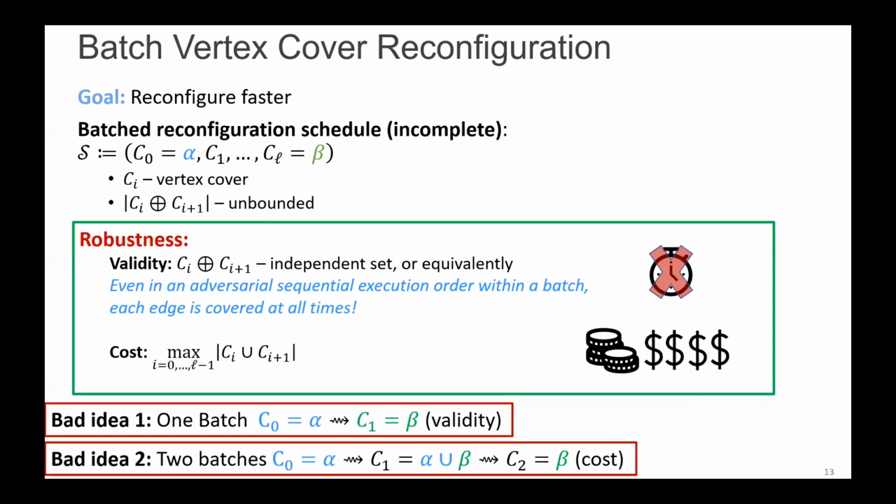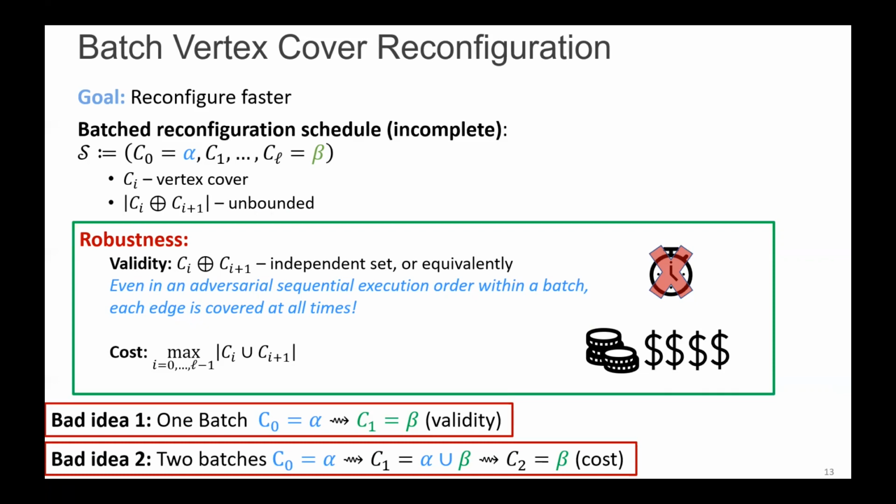And for the cost, we simply charge the schedule for the cost that can appear in a worst case order of applying the changes within a batch. So if you look at the change from C_i to C_{i+1}, so changes from one batch, it might be that the order is such that first all additions are done and only afterwards the removals.